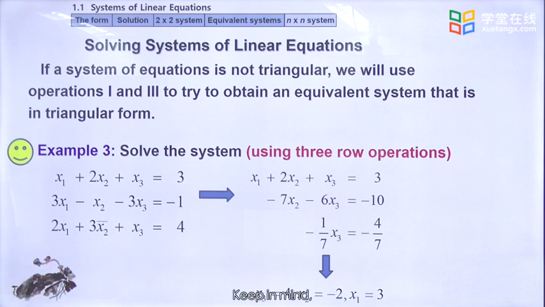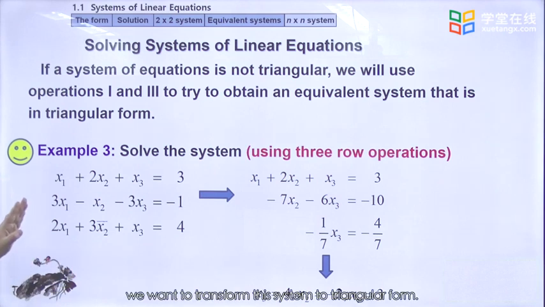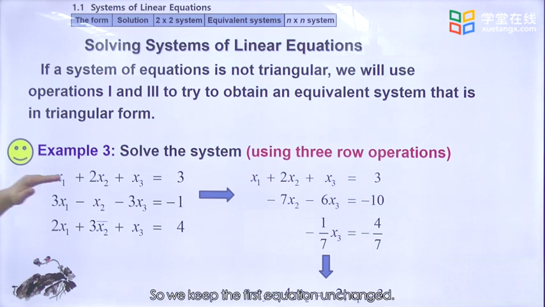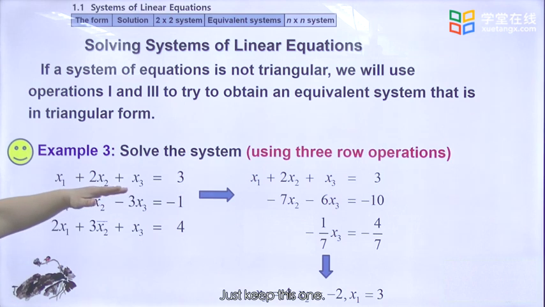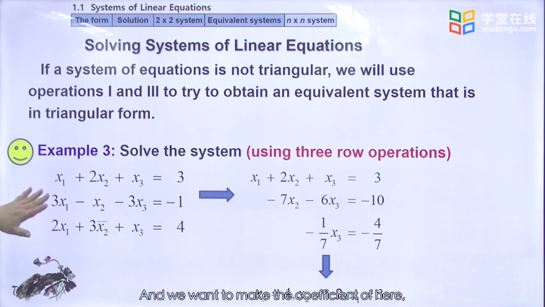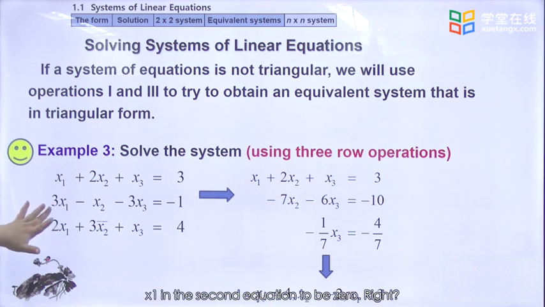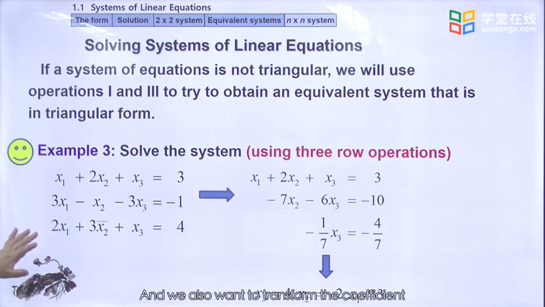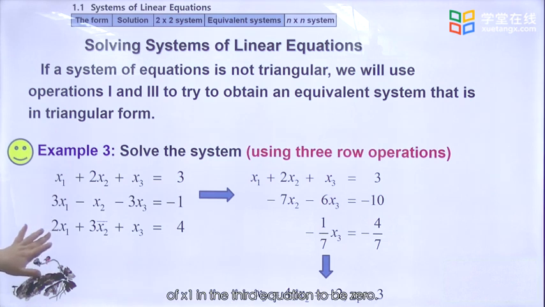Okay, keep in mind we want to transform this system to triangular form, so we keep the first equation unchanged. We just keep this one, and we want to make the coefficient of x1 in the second equation to be 0, right? And we also want to transform the coefficient of x1 in the third equation to be 0.